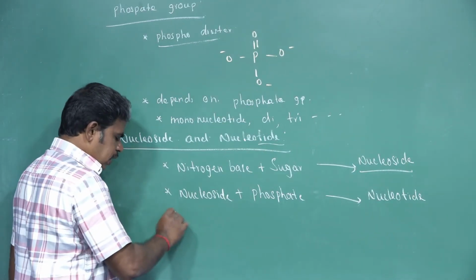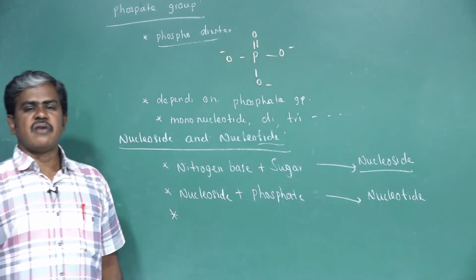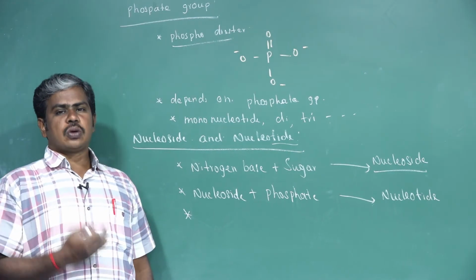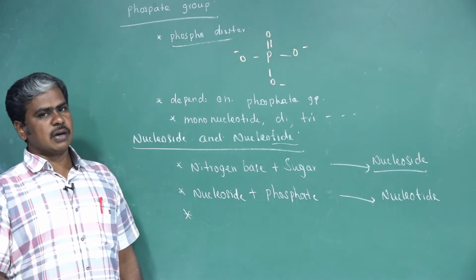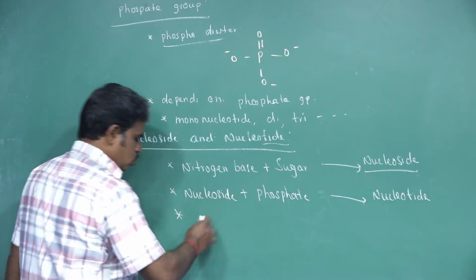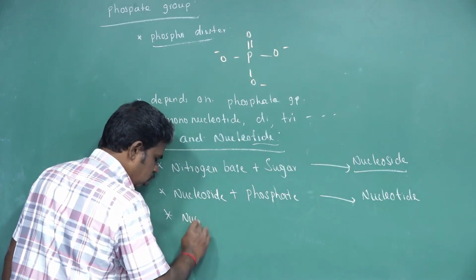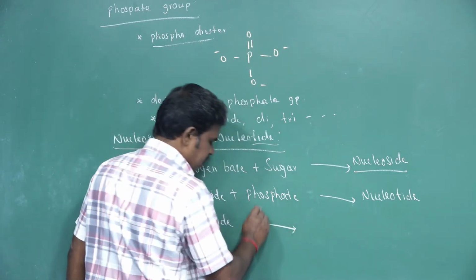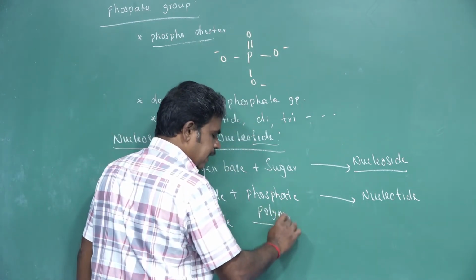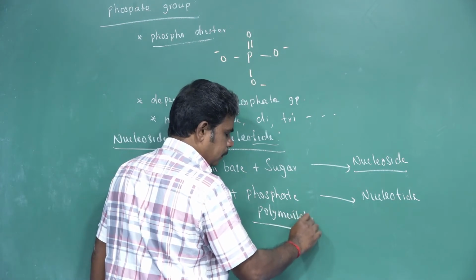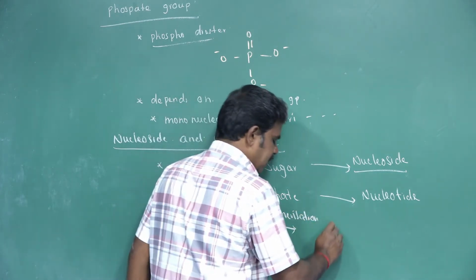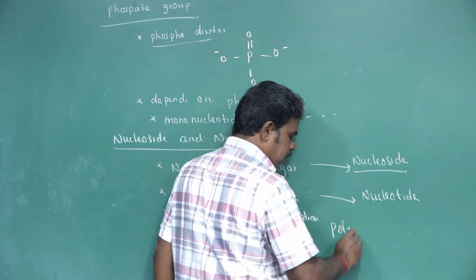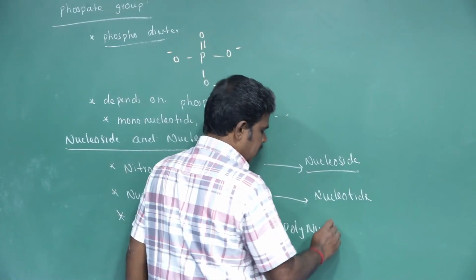When the nucleotide undergoes polymerization, we get a polynucleotide, which is nothing but nucleic acid.